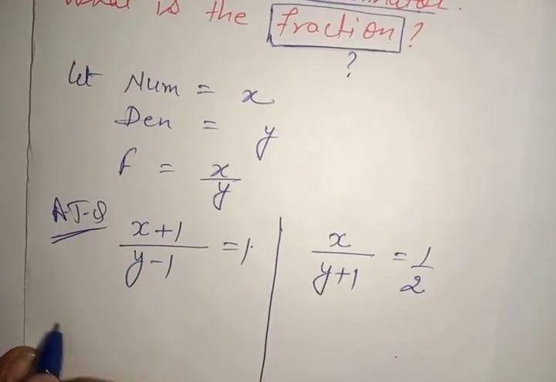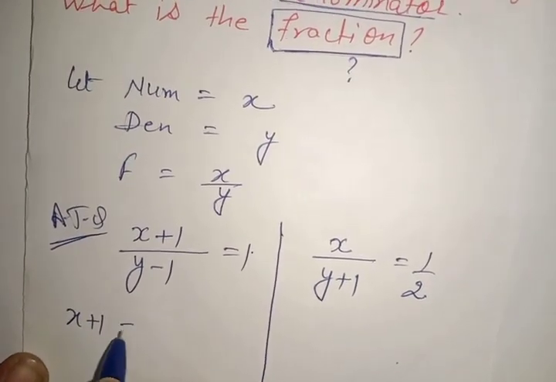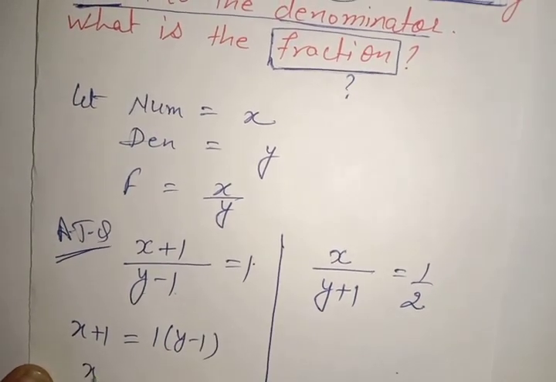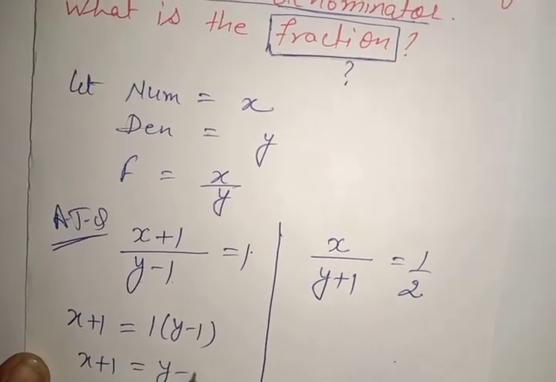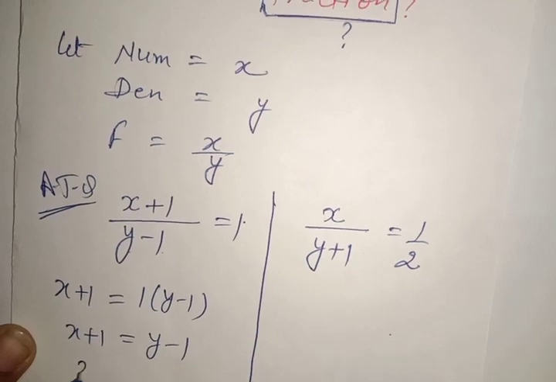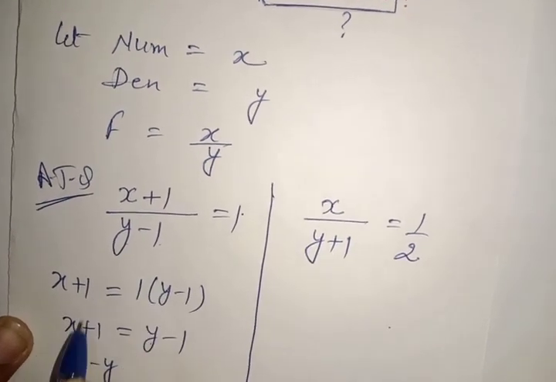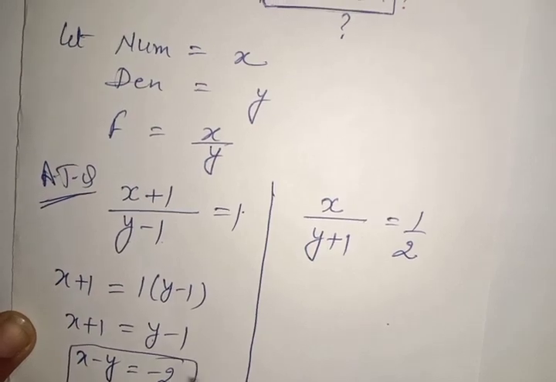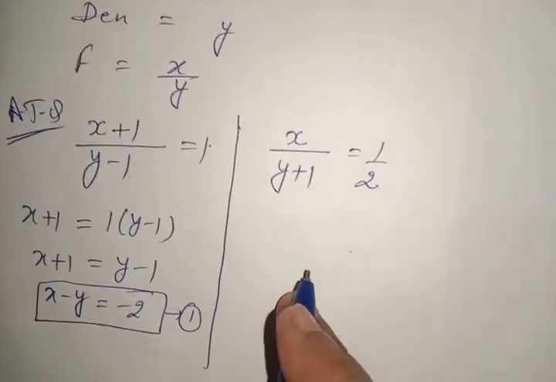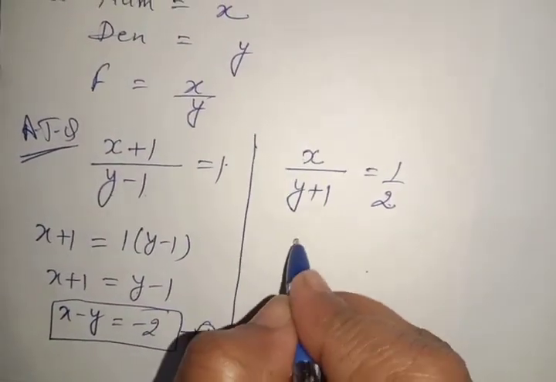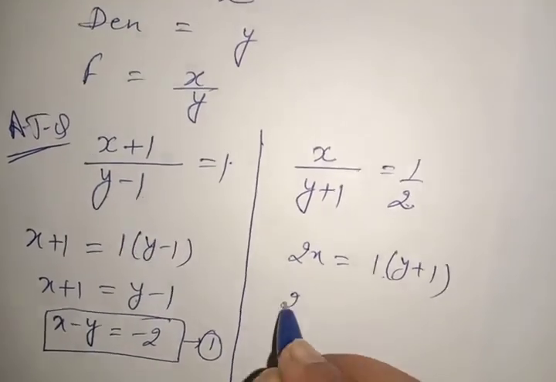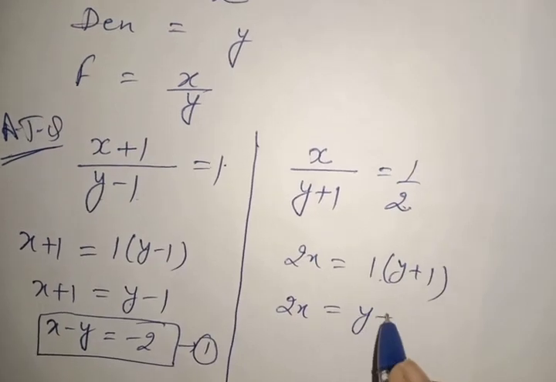Now after cross multiplying these two, x plus 1 is equals to 1 into y minus 1, which is x plus 1 is equals to y minus 1. After transposing we will get x minus y is equals to minus 2. This is the first equation. And after solving it, 2 multiplied by x and 1 into y plus 1, this is equals to 2x is equals to y plus 1.